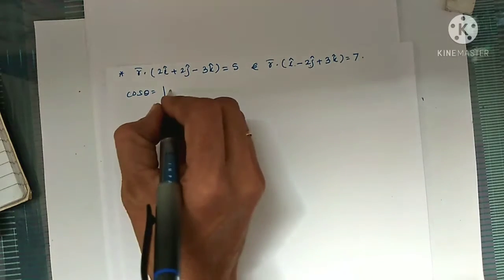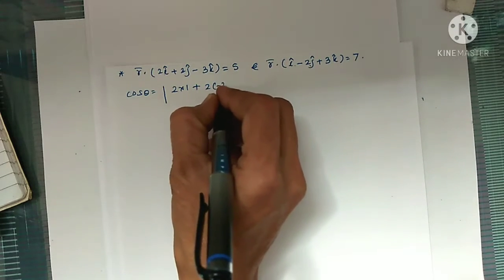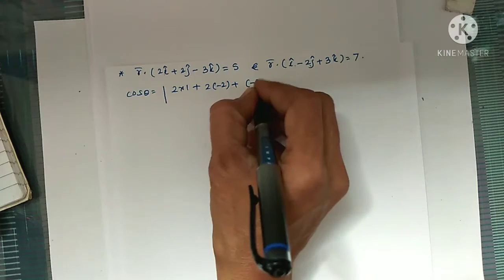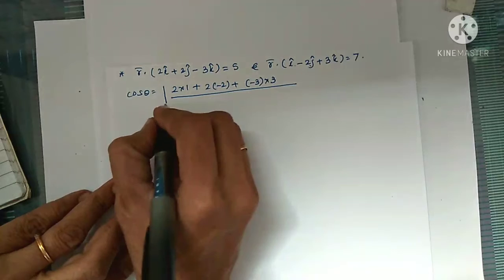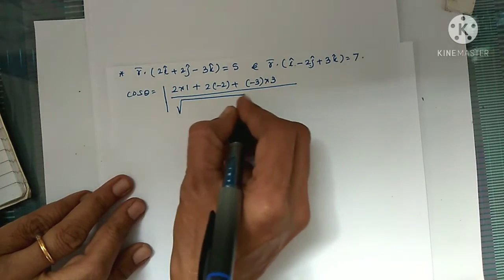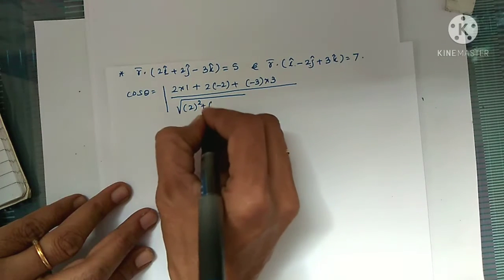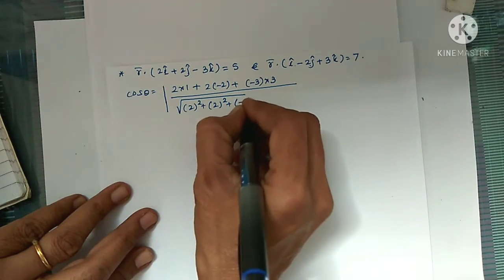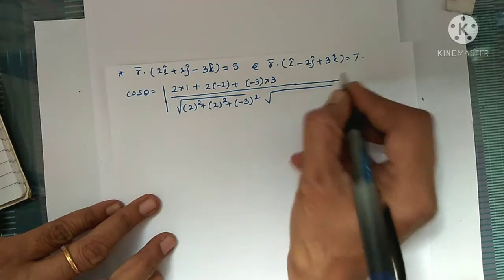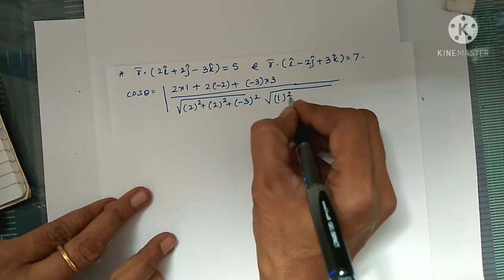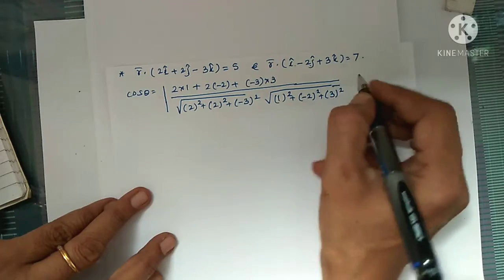So 2 into 1, next is 2 into minus 2, plus minus 3 into 3, divided by the magnitude of the first normal, that is root 2 square plus 2 square plus minus 3 square, and the modulus of the second normal, 1 square plus minus 2 square plus 3 square.